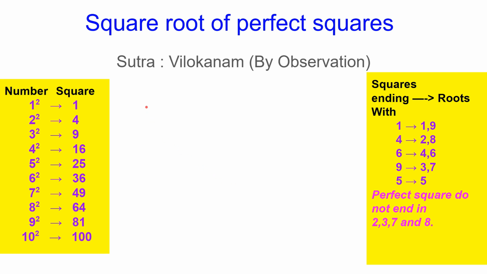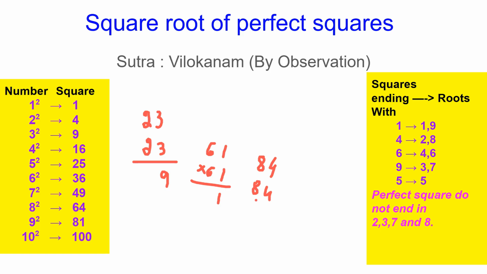If we are calculating the square of any number, for example 23 square is 23 times 23, we are doing 3 times 3, 9, right? The unit digit ends with 9. Or 61 times 61, 61 square will end with 1. Or 84 square is 84 times 84, 4 fours are 16, ending with 6.